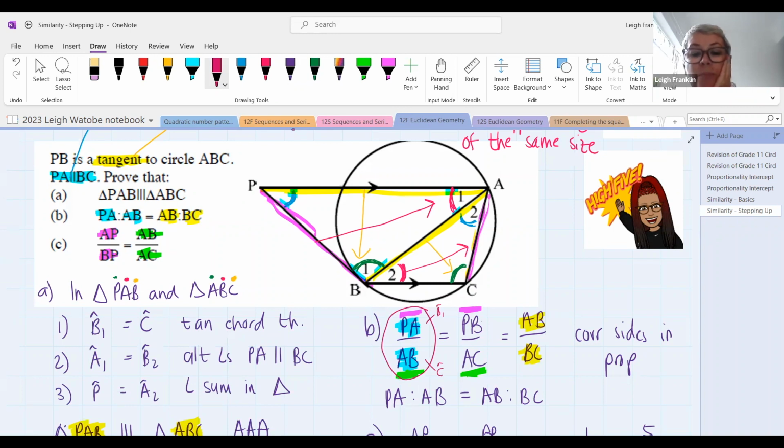And PB is opposite A1, and AC is opposite B2, and they are the same size. That's why they are corresponding sides. And AB is opposite angle P, and BC is opposite angle A2, and they are the same size. That's why they are corresponding sides in the same proportion, because they are opposite angles of the same size.